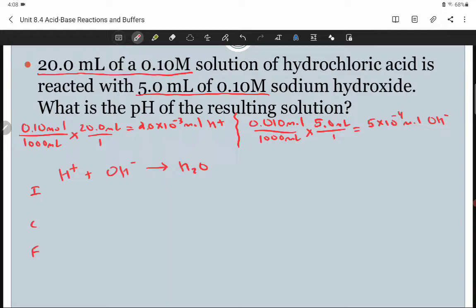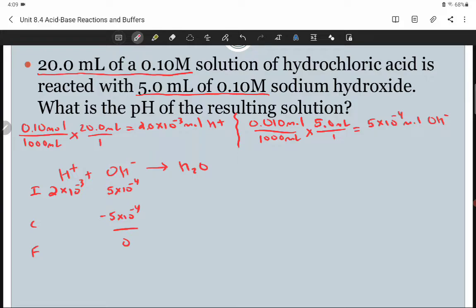And in these ICFs, we're going to use moles, but what's supposed to go in the ICEs are molarities, because when we get to the expression, we'll put molarities in for those. But we have none of the hydroxide left. We don't care about the water in this case, but it's a 1 to 1 to 1.